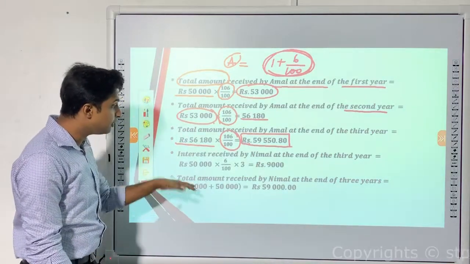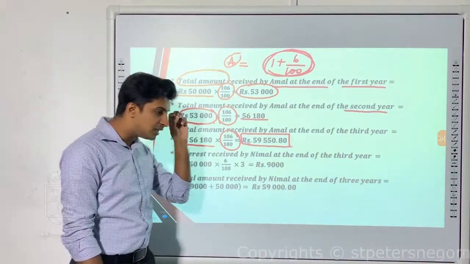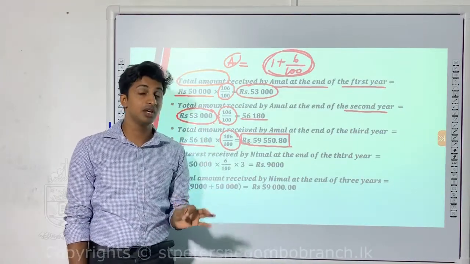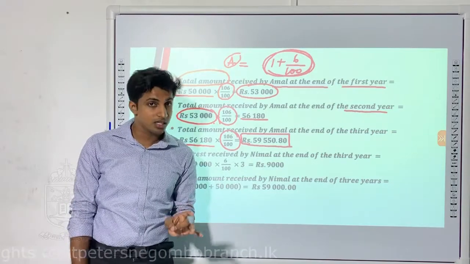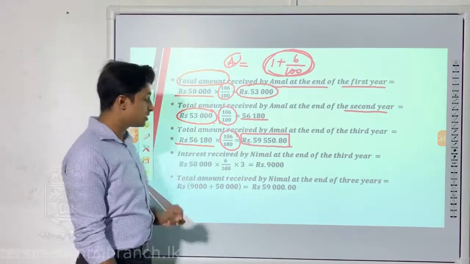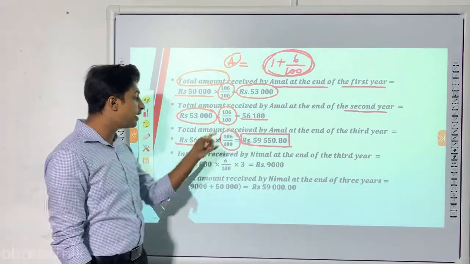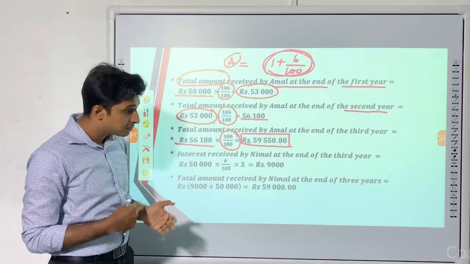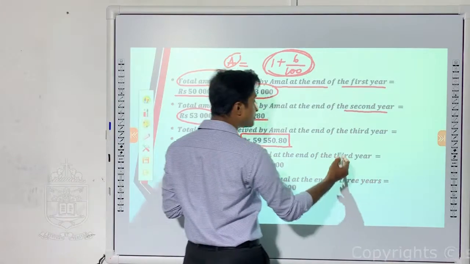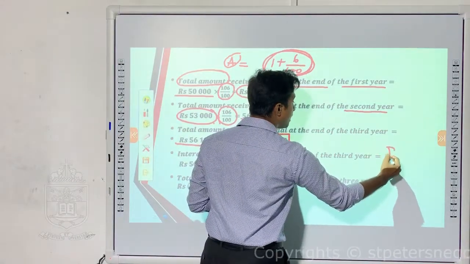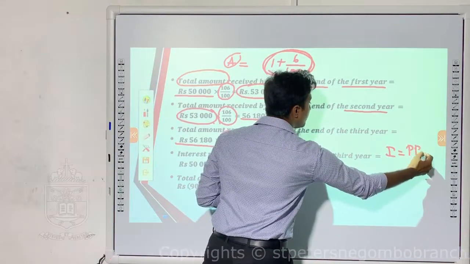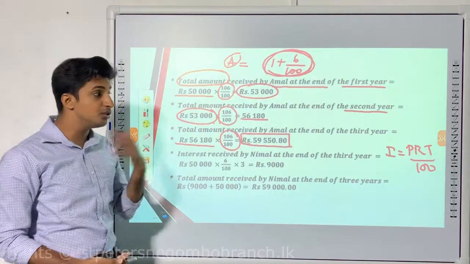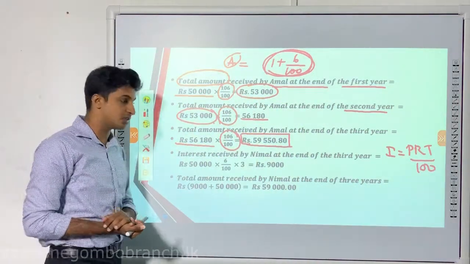Now, if you consider Nimal, he invested in an account with the same percentage, with the same principal amount, but with a different concept, which was the simple interest. So here, the interest received by Nimal at the end of the third year, we can calculate together, because you know for simple interest, that is I equals PRT over 100. That is the normal formula we use for calculating simple interest.